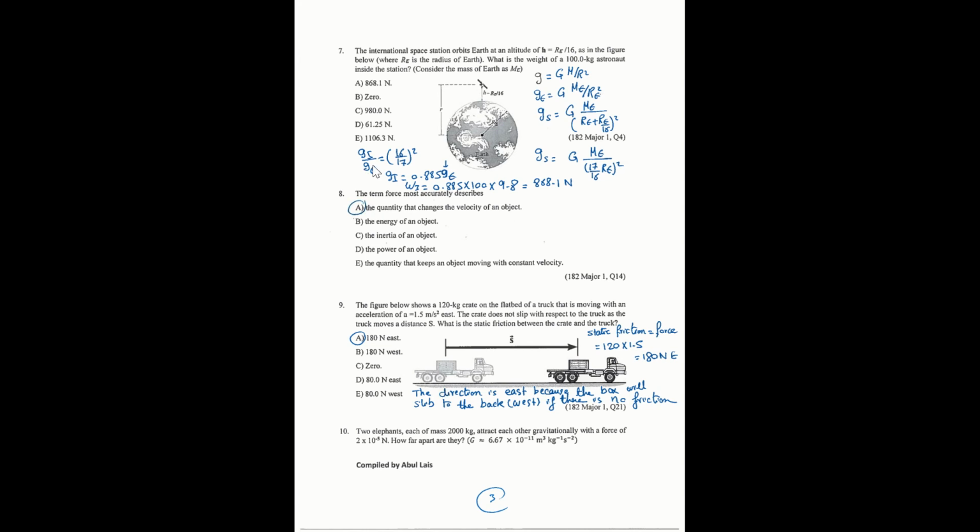So in this case, I will find that g International Space Station equals this number, which is 0.885 g of Earth. Then I find that the gravity at the International Space Station equals 0.885 the gravity on Earth.